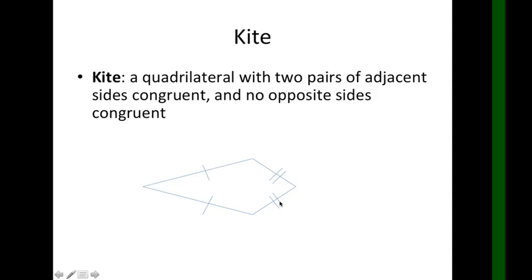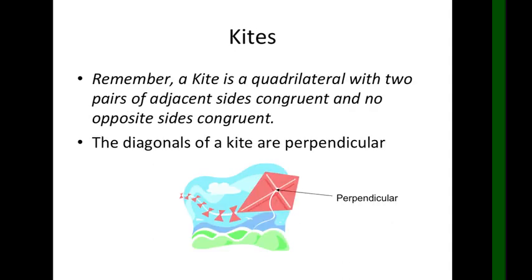Pag sinabing congruent, they have the same size. Remember, a kite is a quadrilateral with two pairs of adjacent sides congruent and no opposite sides are congruent. Okay, yung mga opposite sides niya hindi sila congruent. The diagonals of a kite are perpendicular. So, kapag nag-create ka ng diagonal dyan, makikita ang perpendicular because they form four right angles.